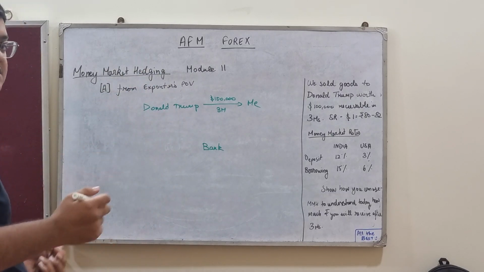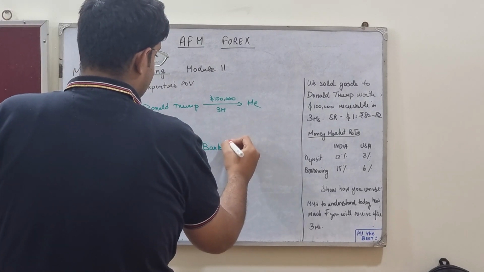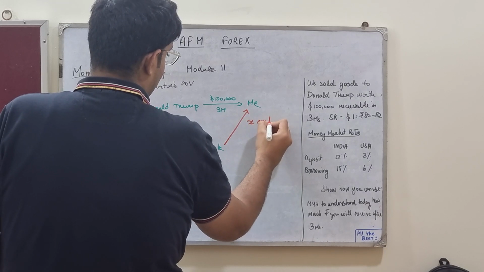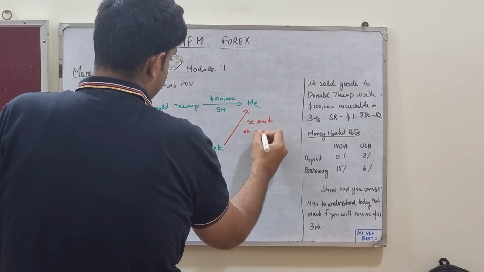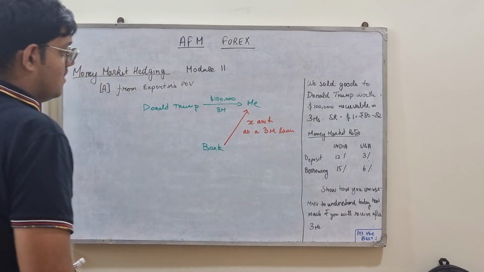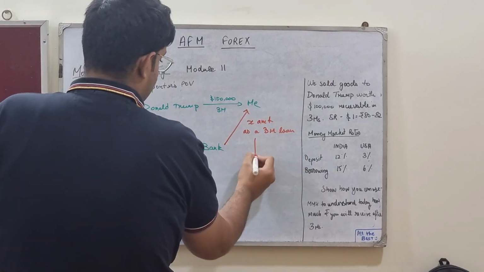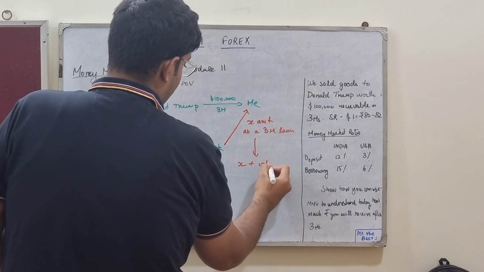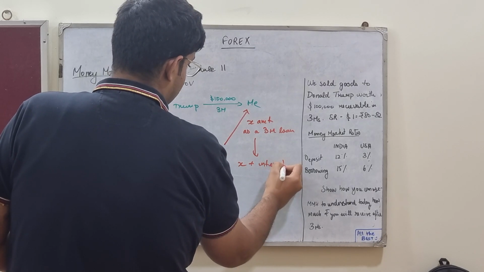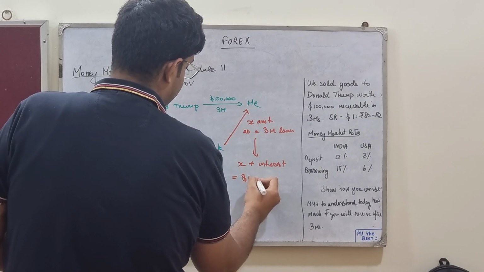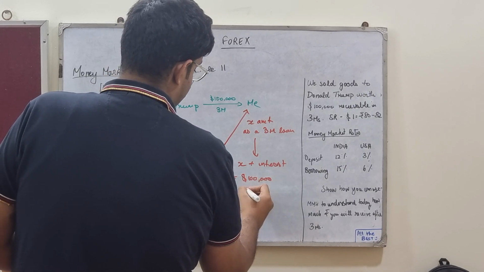Now money market hedging is, the bank will give me X amount as a 3-month loan. This X amount plus interest, whatever interest the bank will charge for 3 months, will be equal to $100,000 after 3 months.